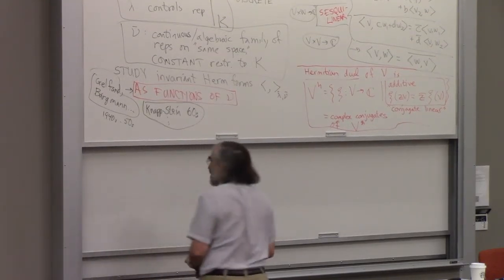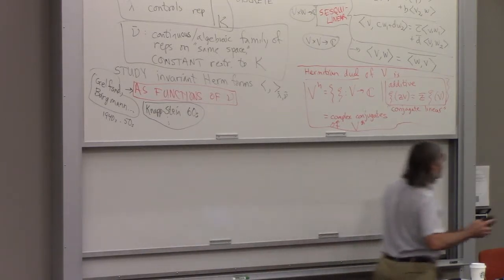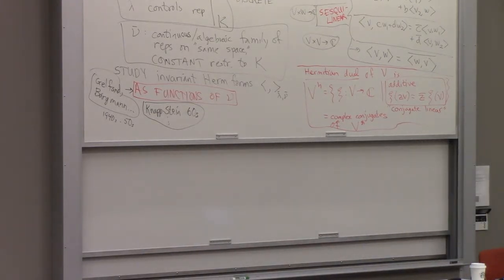So now let me write some of these statements over here. Well, I'll just, yeah, the things that are, excuse me, these sesquilinear pairings, V cross W into C, get identified with linear maps.